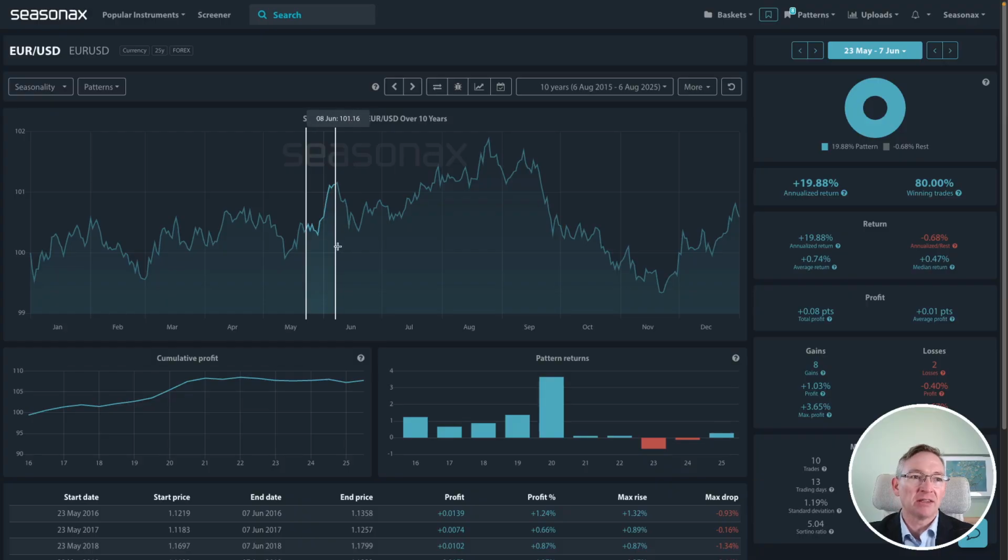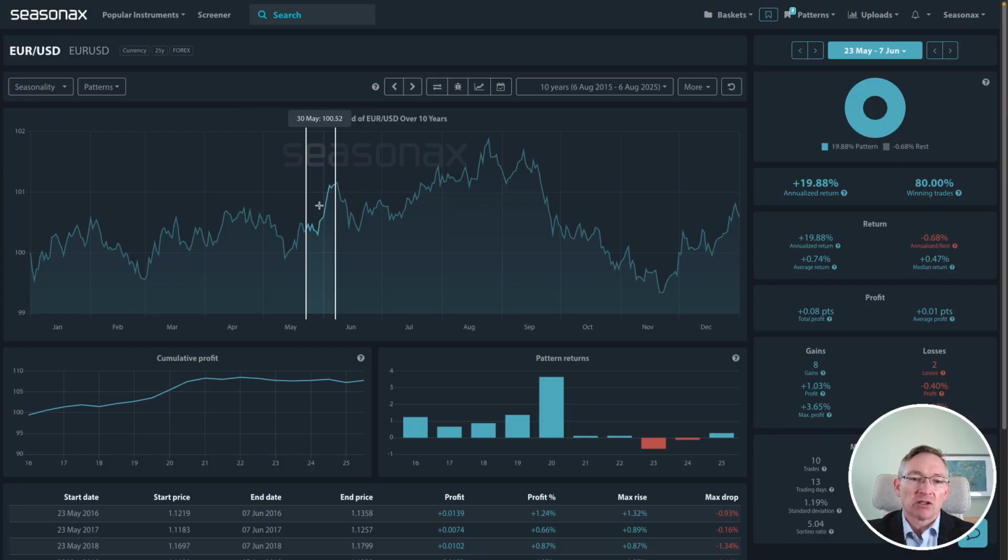I love having that extra layer of conviction that not only have I got the technicals with me, not only have I got the fundamentals with me, but I've also got this seasonal pattern, which often is based on strong reasons. Now, you don't always know what the reasons are, but sometimes you do. But I'd much rather have an extra layer of confidence.